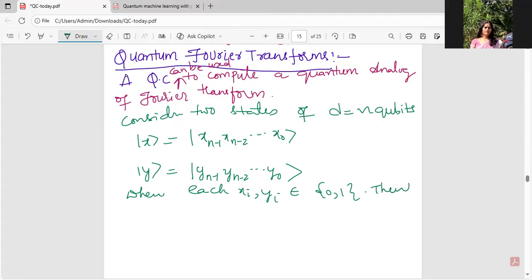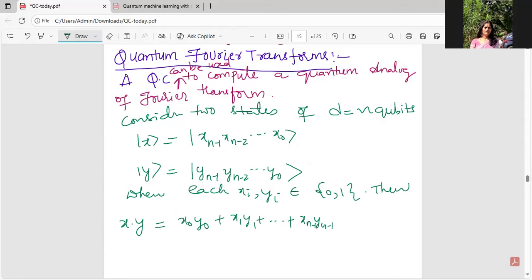I'm defining the dot product first, that is x dot y, ket x dot ket y, of course. It is x_0 y_0 plus x_1 y_1 plus and so on, x_{n-1} y_{n-1}.